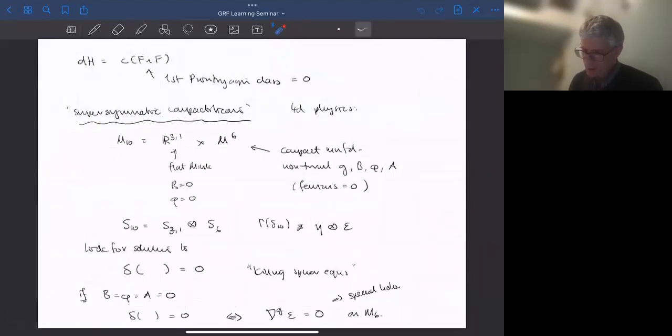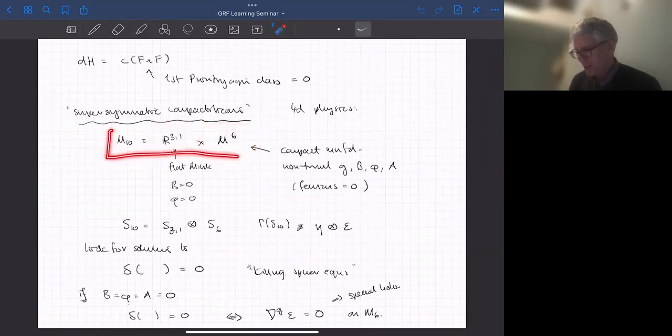And you can look at a supersymmetric compactification, which means we assume the 10-dimensional space is some flat four-dimensional space plus some internal manifold, some six-dimensional internal manifold. And then you can ask, if I want to have some preserved set of supersymmetries on this background? That means the variation of the fermionic fields vanishes for some spinor.